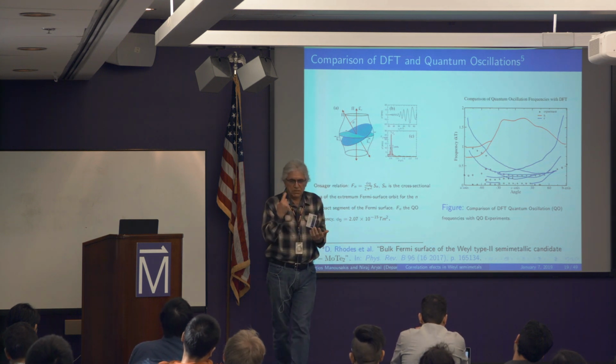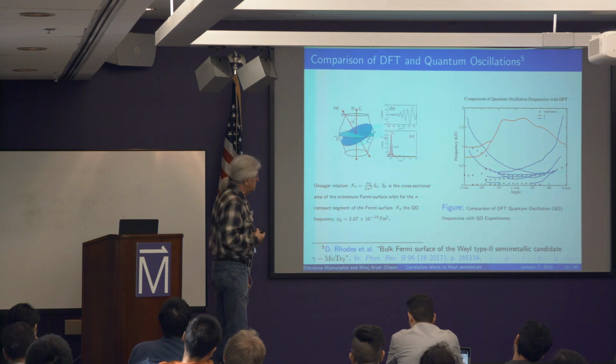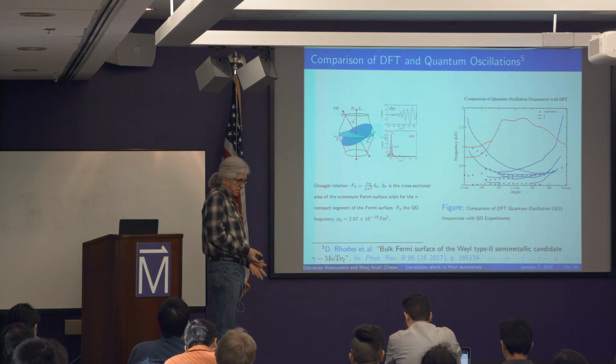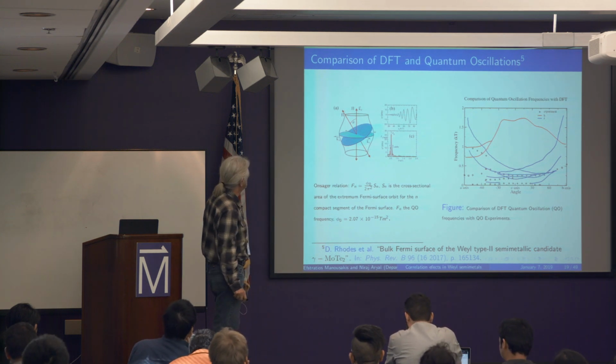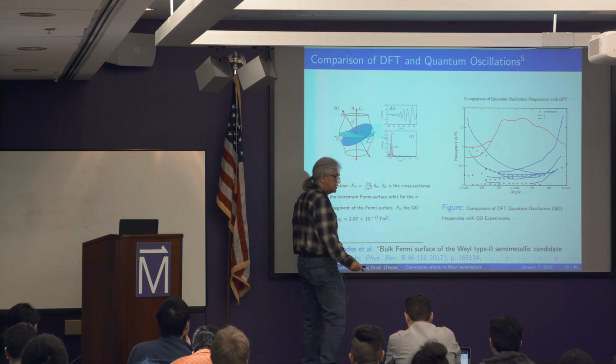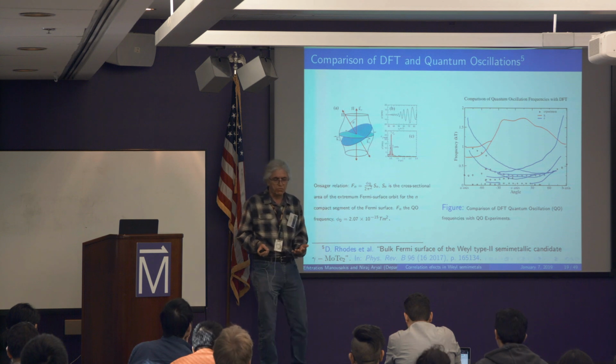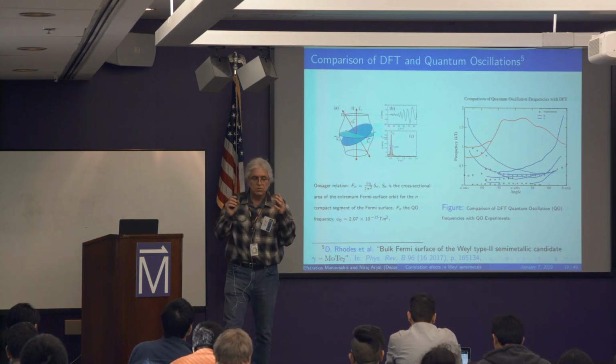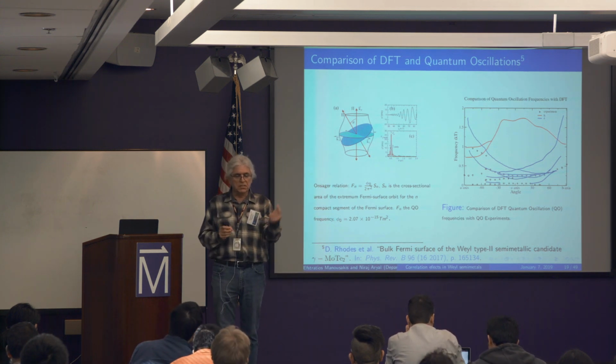We have electrons going around, and because they are confined to the Fermi surface, inside the Fermi surface things don't move, because of the Pauli exclusion principle. Only the Fermi surface reveals itself through quantum oscillation. So you can do these kinds of experiments, and you get frequencies.